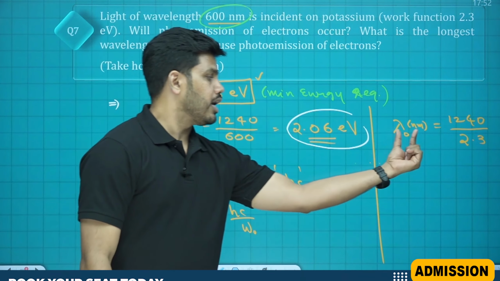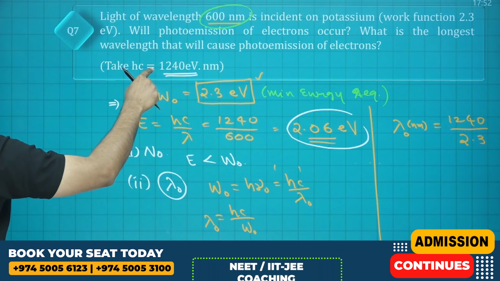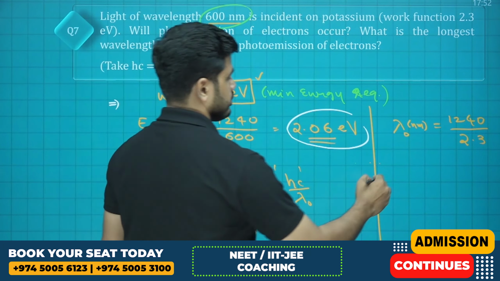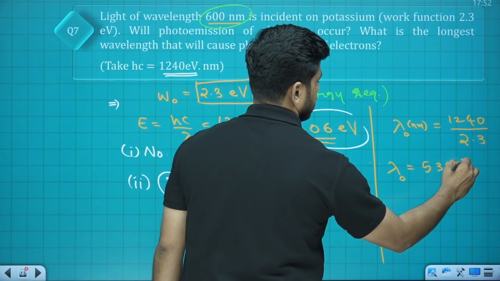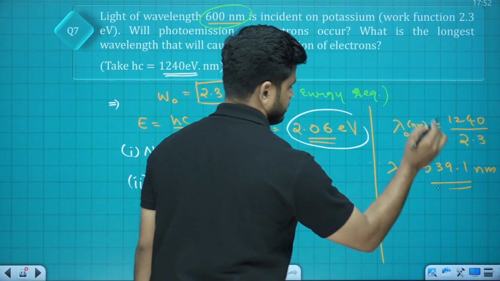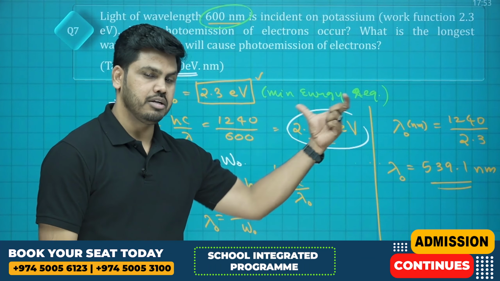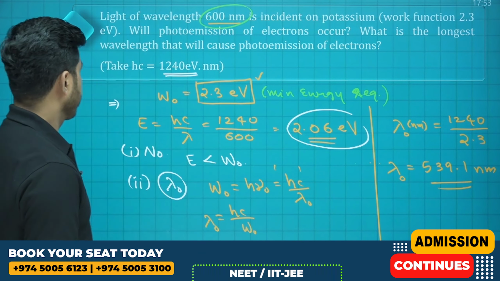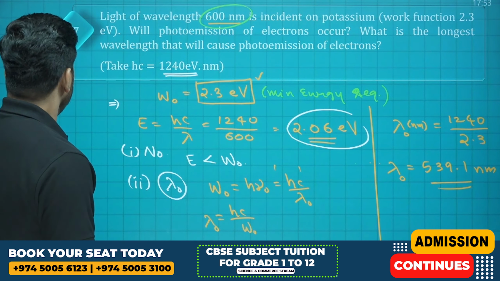Remember that the value will be obtained in nanometers because we have used the 1240 value here. If you simplify this, you will get lambda naught equal to 539.1 nanometers. That is the threshold wavelength of that particular metal surface. Okay, fine. So that was an easy one.